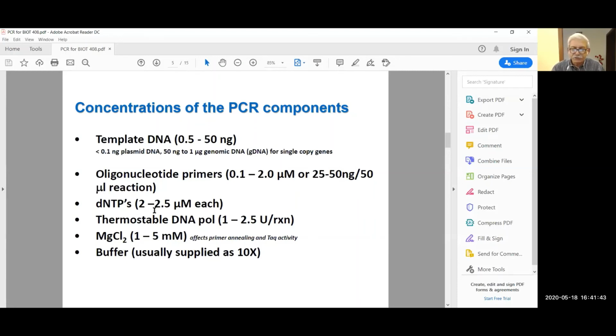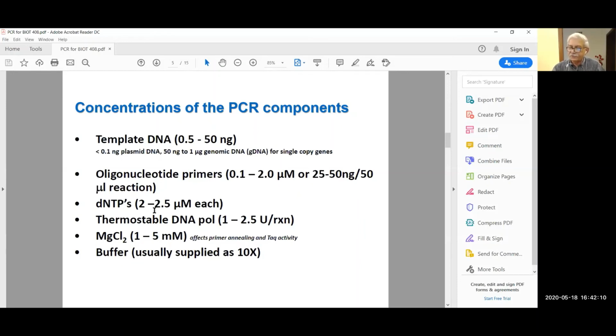Okay. Now look at dNTPs. dNTPs come as stocks of 100 millimolar each. It means there are 4 nucleotides, so we get 4 different tubes. Each tube has 100 millimolar of deoxy ATP. Another tube has 100 millimolar of deoxy TTP, similarly deoxy CTP and GTP.